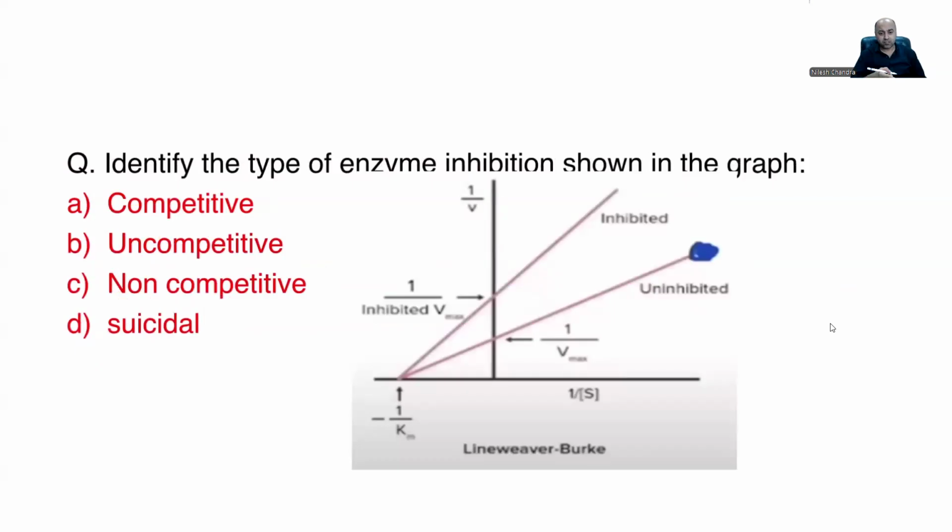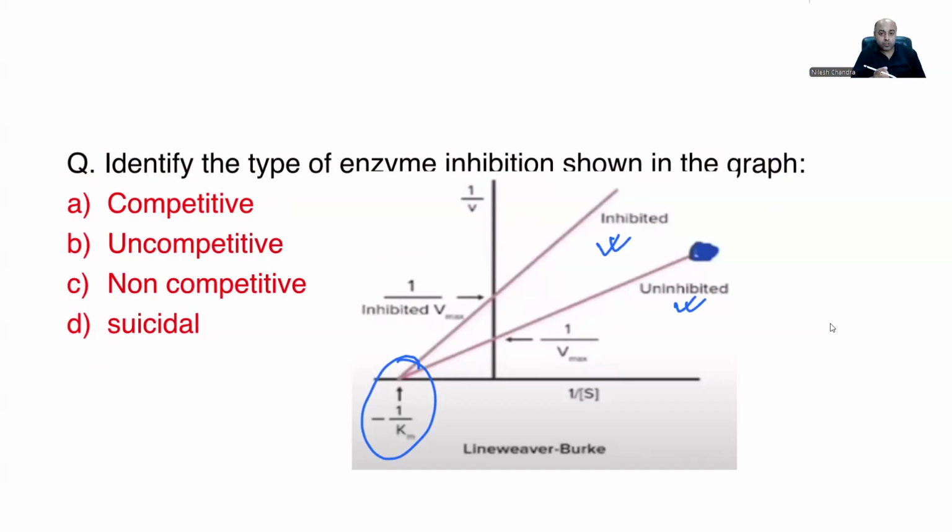Papers generally have this graph in one form or another. Identify the type of enzyme inhibition shown in the graph. Your options are competitive, uncompetitive, non-competitive, and suicidal, along with this graph. What you have to note in this graph is that the uninhibited reaction and the inhibited reaction have the same Km. They share the x-intercept point, which represents -1/Km.